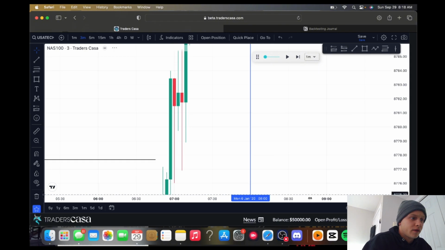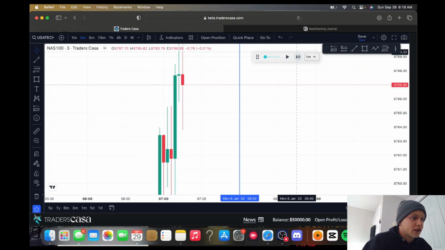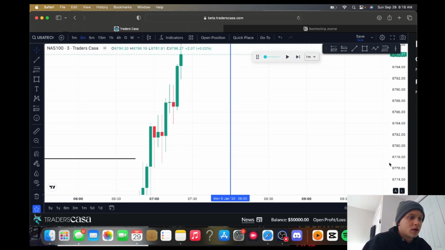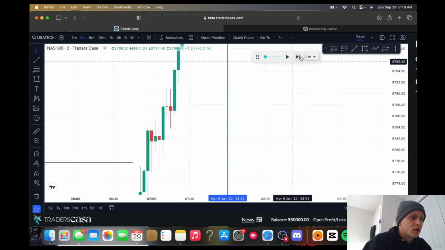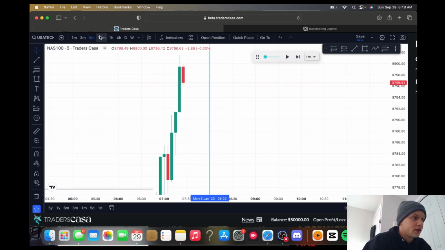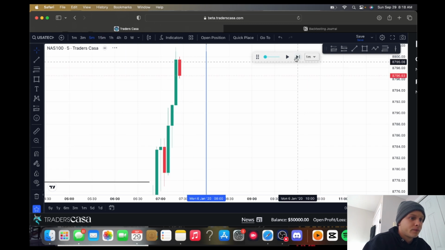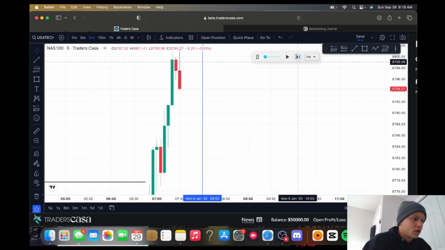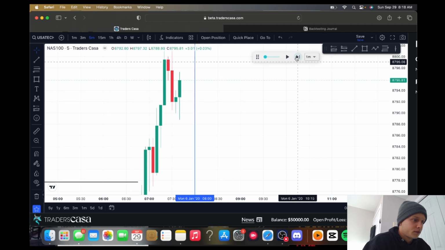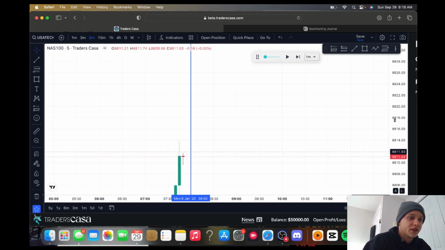Is that a fair value gap? If we can inverse this, I'll take a stab at that. I don't think we're going to get a trade, honestly. Yeah, I'm not trading.